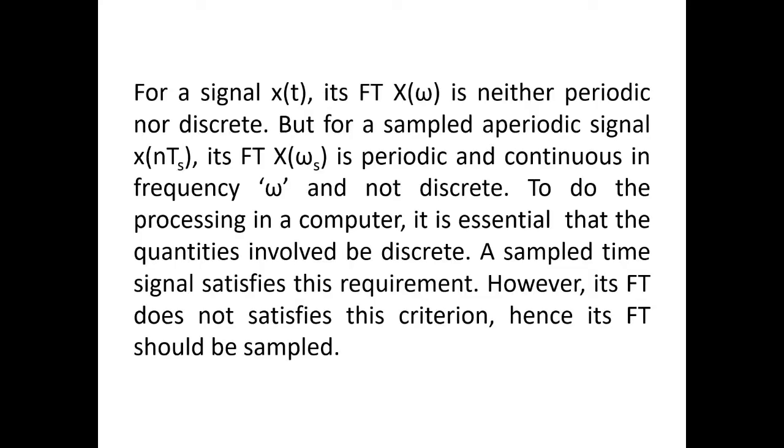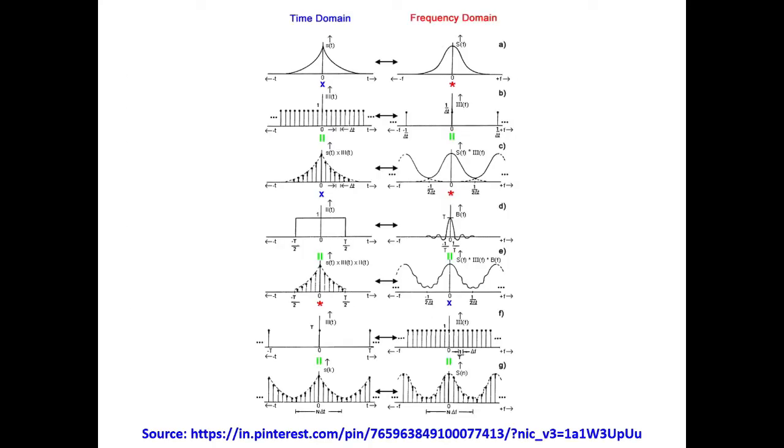So I'm not going into all of this. I will just go to this chart over here, and this is a very good chart, which tells us what is happening in the discrete Fourier transform. Okay, so the source of this chart is Pinterest.